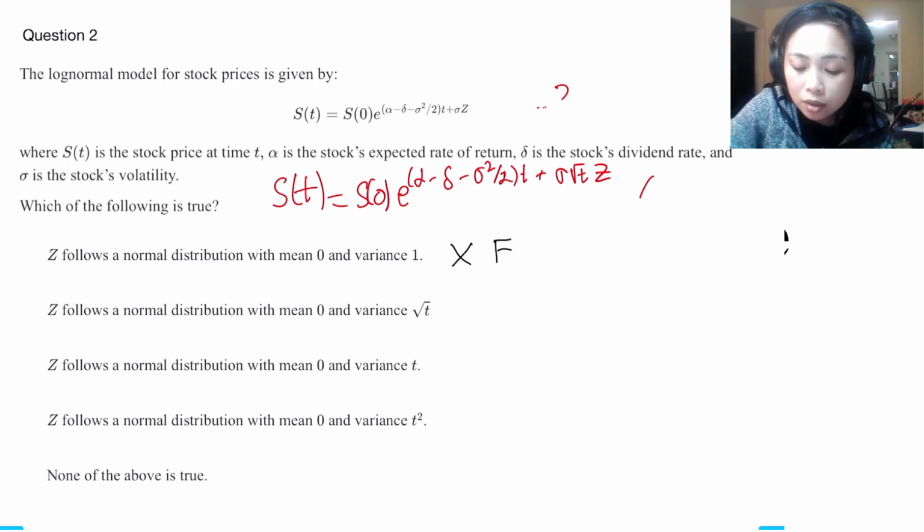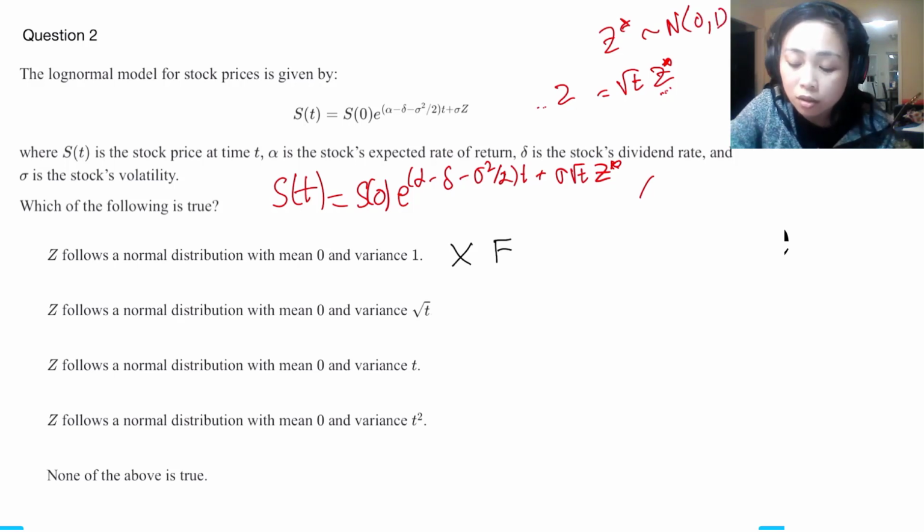That's a standard normal distribution. So from here we get that Z should follow normal of 0, t. You see that? 0, t instead of 0, 1. So the Z in this formula is not the standard normal distribution, but it should be a normal distribution with mean 0 and standard deviation square root of t, or variance t. See that? So the correct answer here should be the third answer right here.